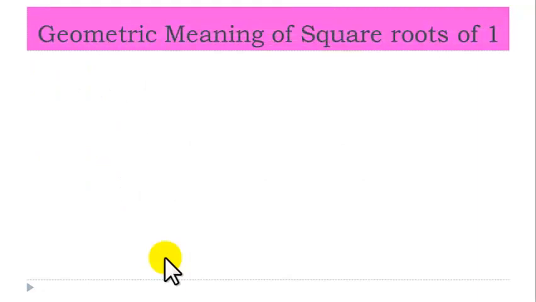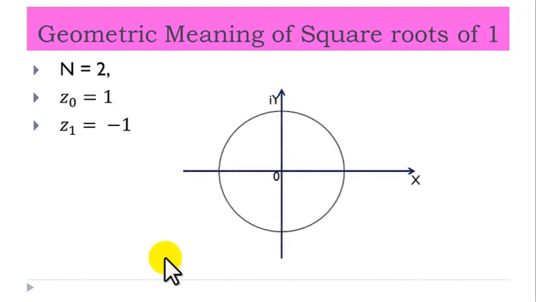Geometric meaning of square root of 1. For n equals to 2, z0 is equal to 1 and z1 equals to minus 1. So we show this geometrically as follows. This is the real axis while this is the imaginary axis.